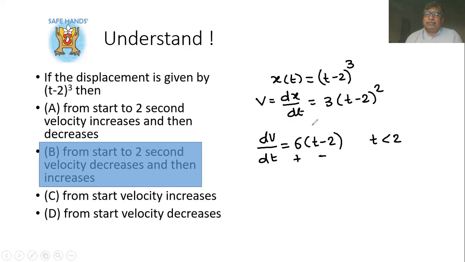So from the start up to 2, velocity will have a negative derivative, meaning it is decreasing. Once the 2 is crossed, then this is positive, this also is positive, and under this situation, the velocity will keep on increasing. So this is how the answer comes.